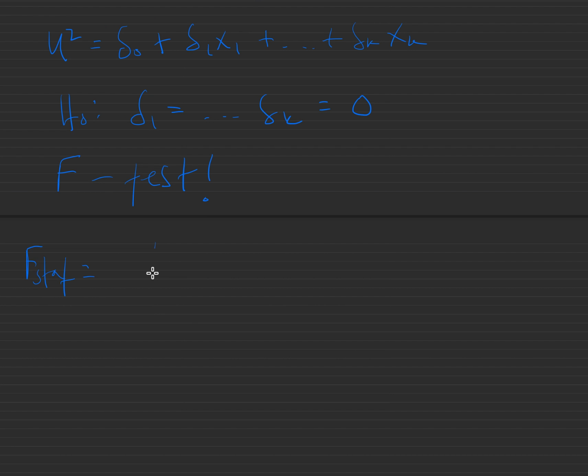The F-stat is r squared of u squared over k, all over 1 minus r squared of u squared over n minus k minus 1. So we're writing the r squared of u squared. This is the r squared from this regression up here. The k in the numerator represents k restrictions.